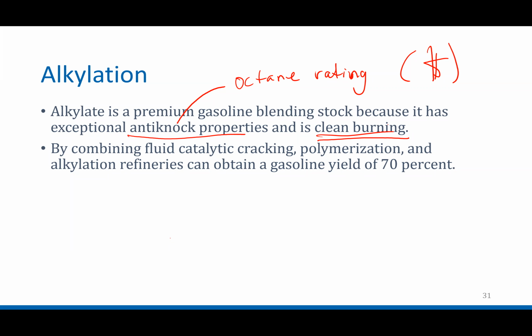If a petroleum industry, like a refinery, uses processes like catalytic cracking, polymerization, or alkylation from the crude oil, they can get a chemical yield of really exceptional gasoline at up to 70%. Unfortunately, there's always waste in this industry.